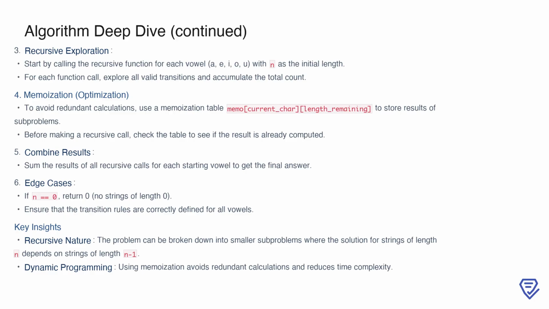If it is, we simply reuse that value. By summing the results of all recursive calls for each starting vowel, we get the total number of valid strings. Additionally, we handle edge cases, such as when n is 0, by returning 0 immediately since no strings can be formed. This recursive strategy, combined with memoization, captures the essence of dynamic programming by breaking the problem into overlapping subproblems.